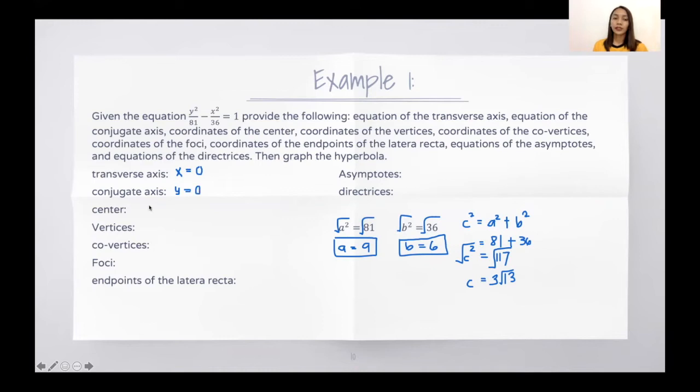Of course, the center is at the origin, or 0, 0. To find the coordinates of the vertices, we have 0, positive, negative, a.